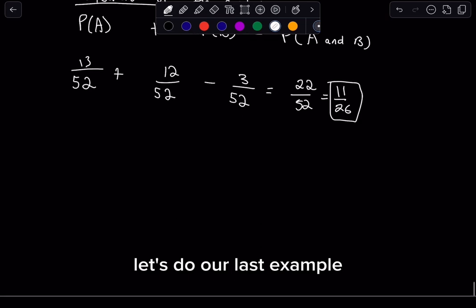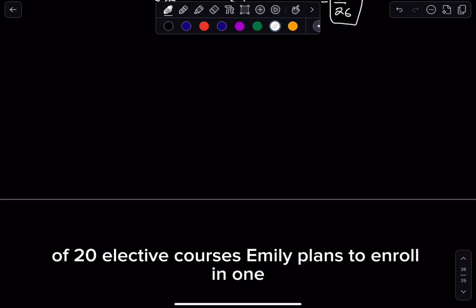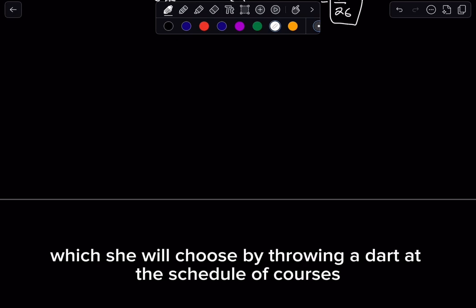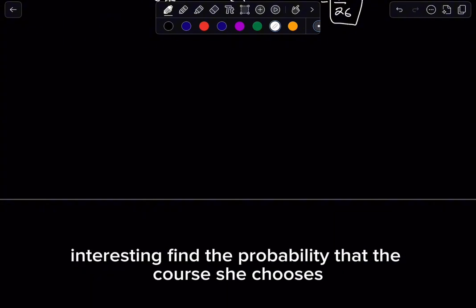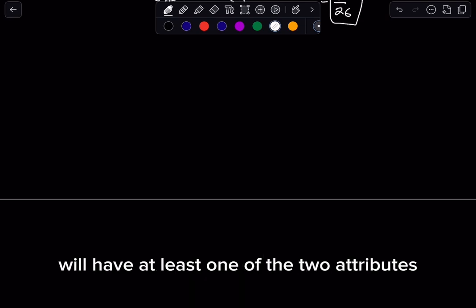Let's do our last example. Of 20 elective courses, Emily plans to enroll in one, which she will choose by throwing a dart at the schedule of courses. If 8 of the courses are recreational, 9 are interesting, and 3 are both recreational and interesting, find the probability that the course she chooses will have at least one of the 2 attributes.